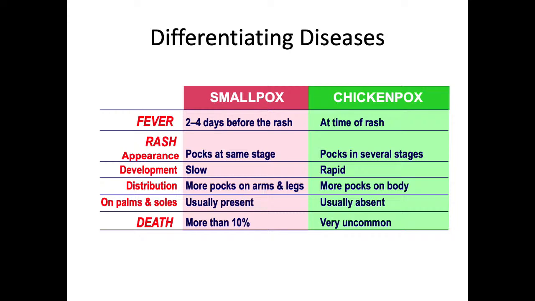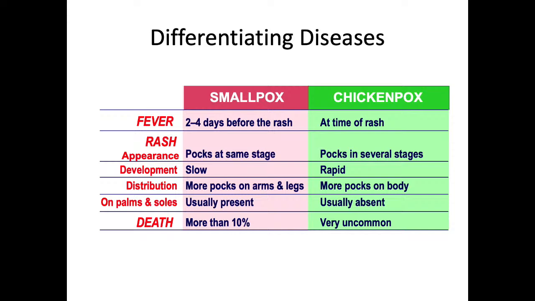If we compare smallpox with chickenpox, what differences might we see? In smallpox, fever starts 2-4 days before the rash, but in chickenpox, the fever starts and we already see lesions starting to appear on the face, for example, and then more and more skin lesions appear.